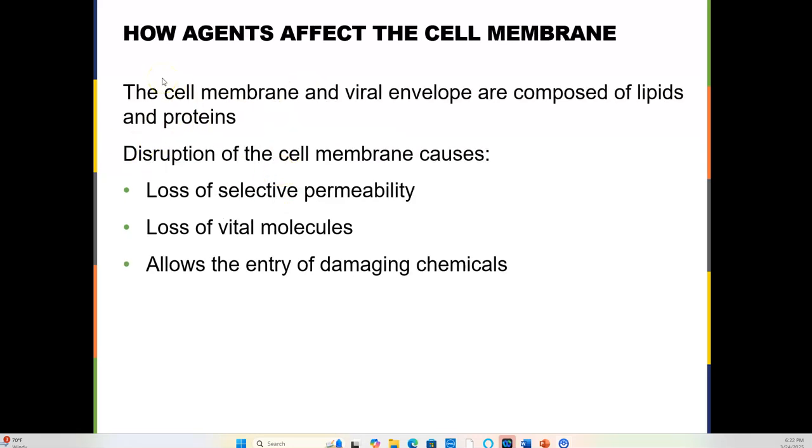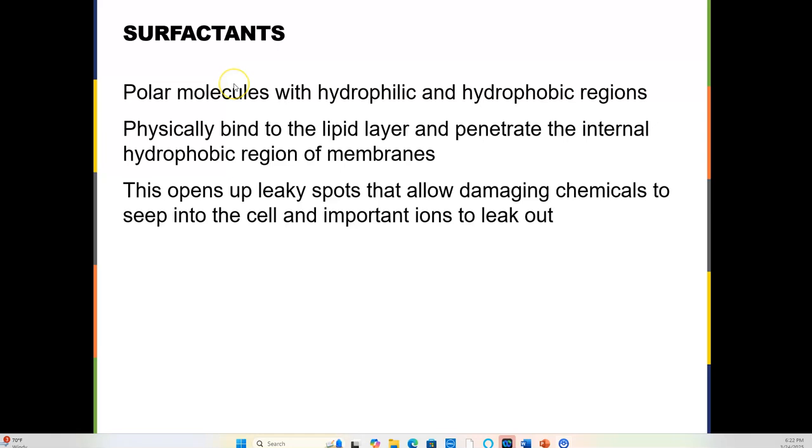The cell membrane: disruption of the selective permeability, loss of vital molecules, and entry of those chemicals. Surfactants are polar molecules with hydrophilic and hydrophobic regions that basically just disrupt the membrane. Remember, we talked about how it's amphipathic.